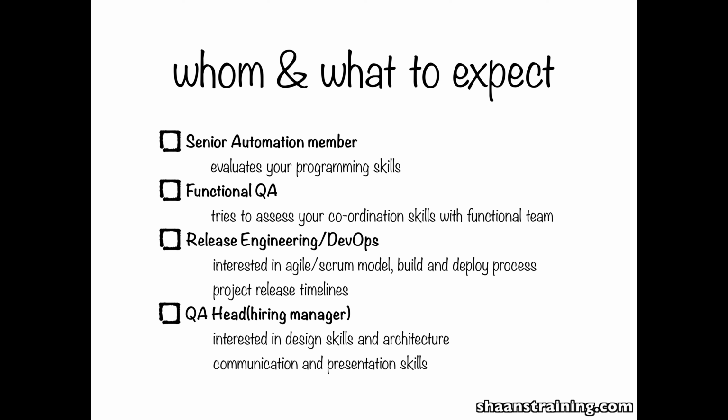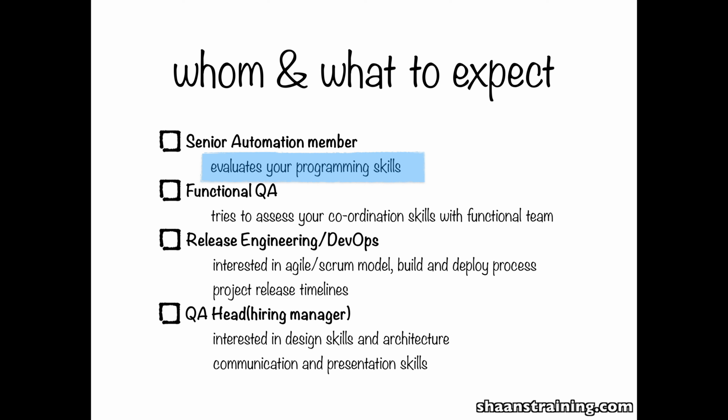And finally, you will be talking to the hiring manager or QA head for the company or group you are getting hired into. They are the typical folks who will be interviewing you. Let's begin with the senior automation member, and what he or she is going to expect from you.